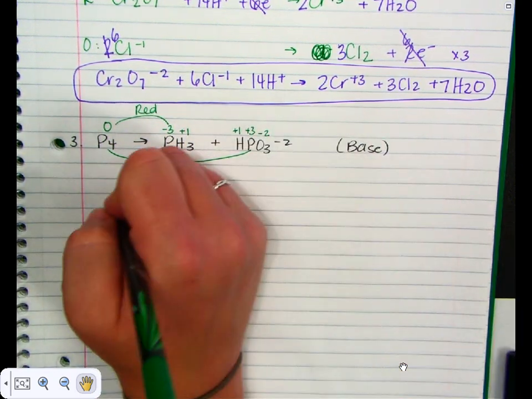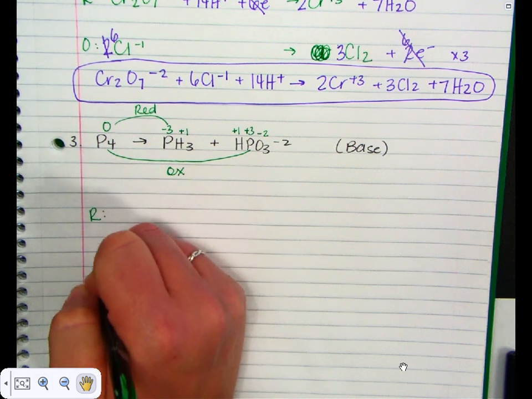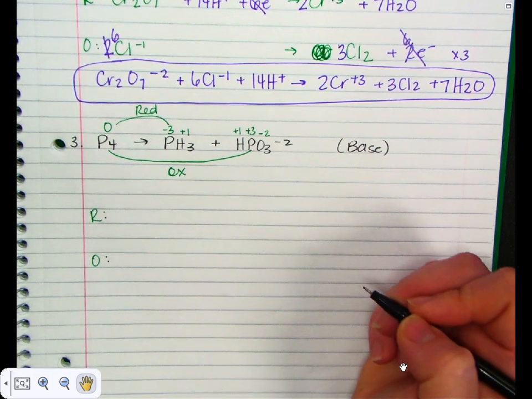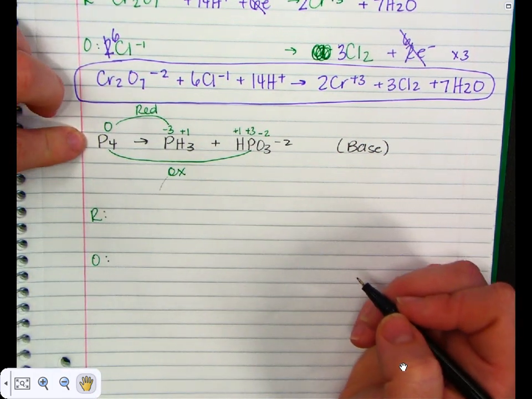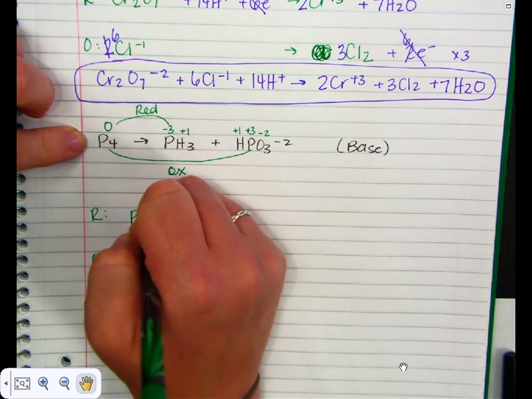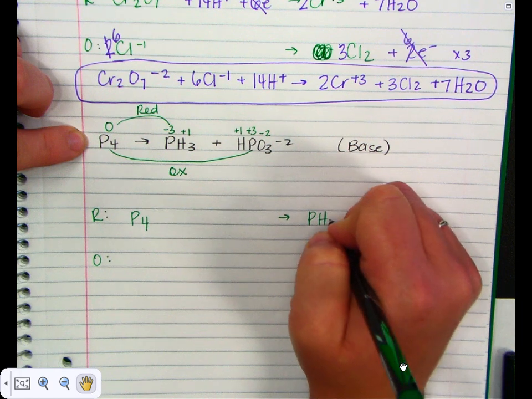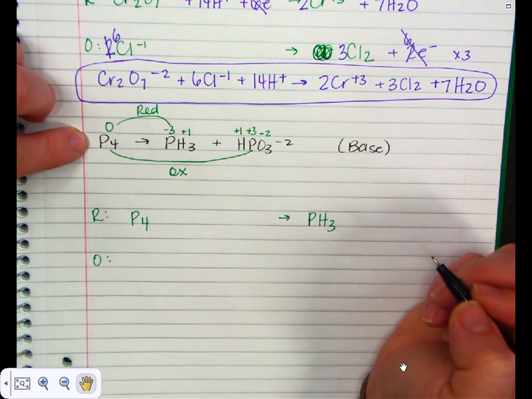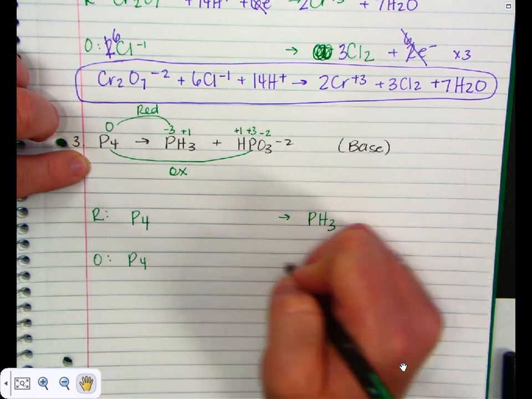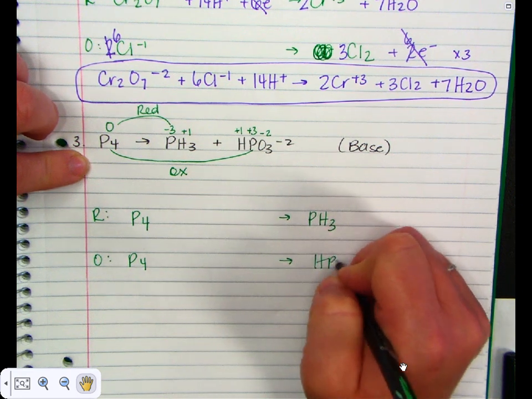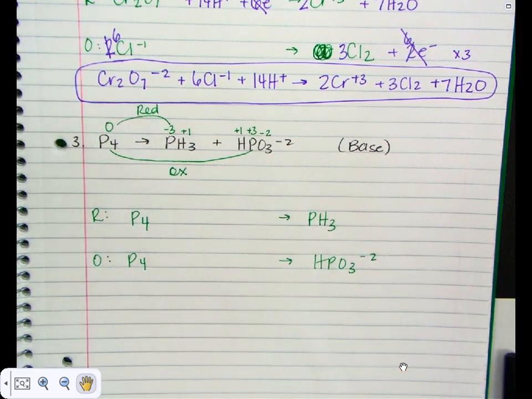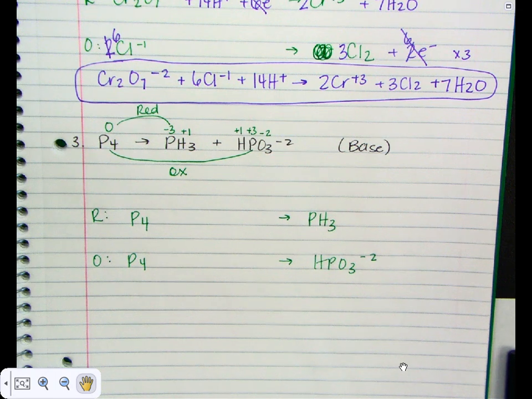All right. So my reduction half, my oxidation half. For my reduction half, I've got P4 yields PH3. For my oxidation half, P4 yields HPO3 -2. All right, so let's do some balancing.